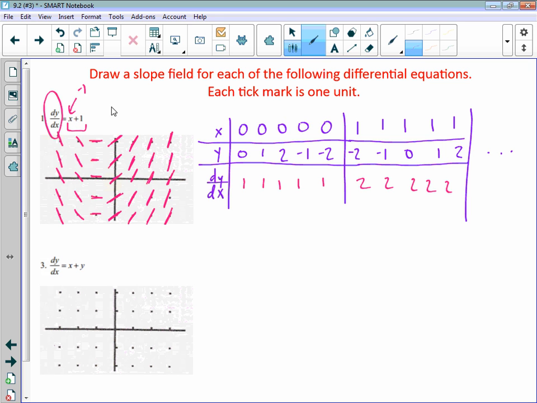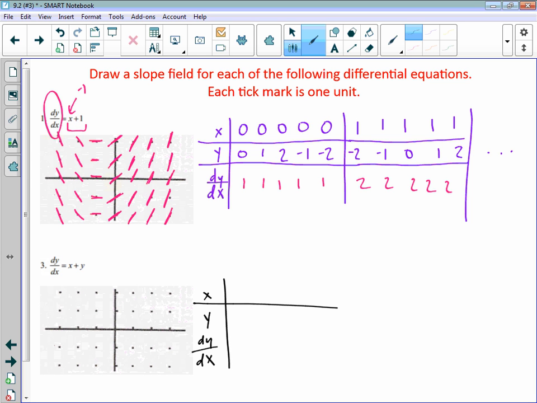So it's a lot easier when this is only in terms of either x or y and doesn't have both. It's a little bit harder when it's in terms of both because then you actually have to calculate it for each of the spots. So let's set up our x, y, and dy/dx.